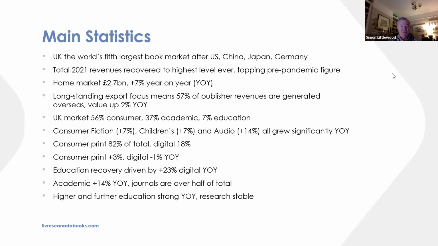I won't dwell too much on the remaining figures here, except to say that in consumer, print is 82% of the total and digital is 18%, a figure that has settled down to that level over the last 2 or 3 years. Last year, consumer print was up 3%, and in fact, digital a bit down.